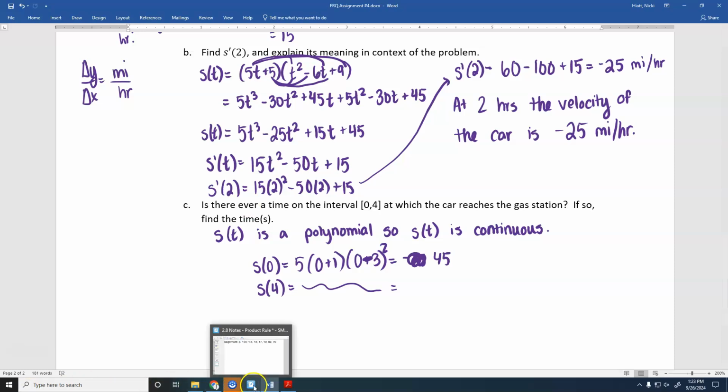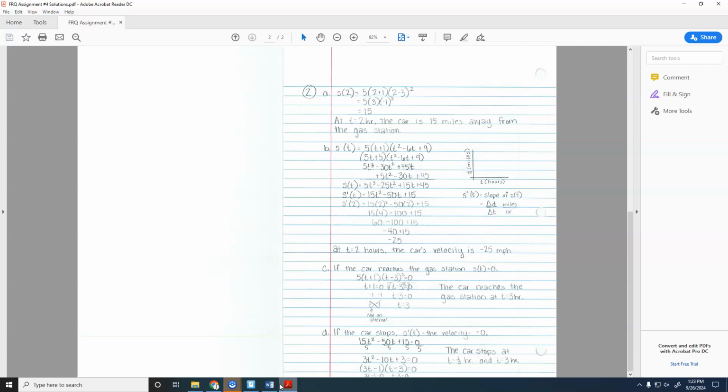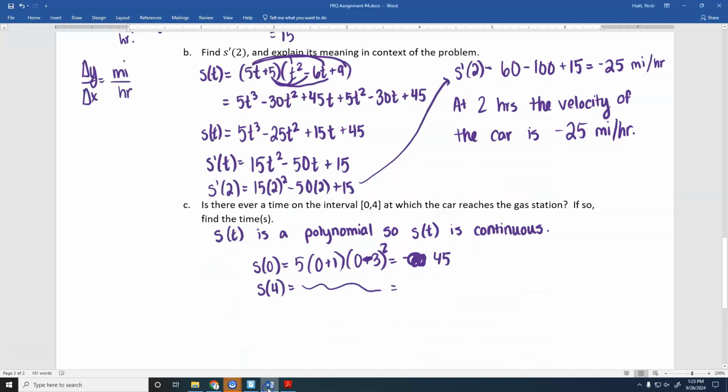I'm going to skip over to the solutions and just write it down because I'm running out of time. What do we get? 25. All right. Since S of 0 equals negative 4... Oh, wait.